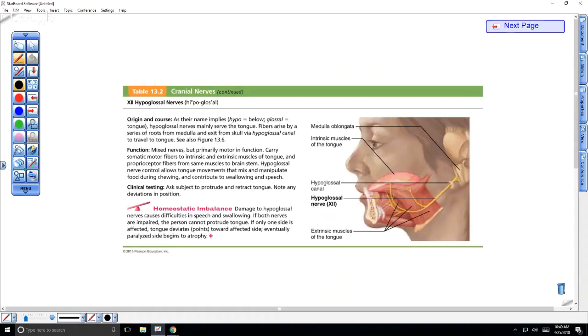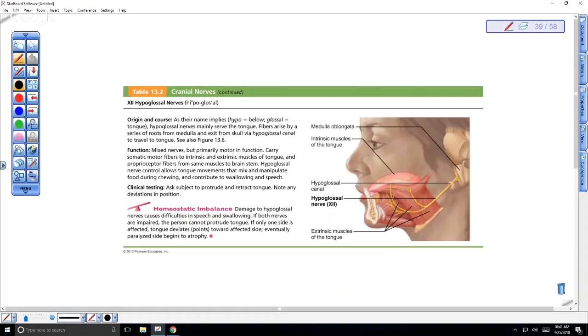And then we have the hypoglossal. I think I skipped over the glossopharyngeal. Sorry. So glossopharyngeal, I don't have an image of it, but glosso means what? Tongue.